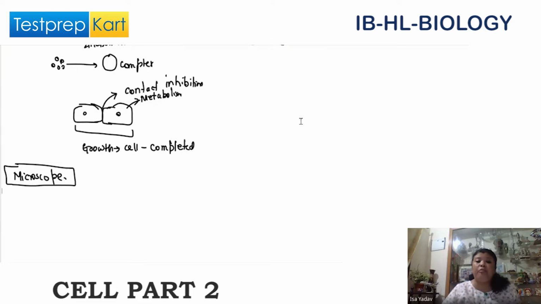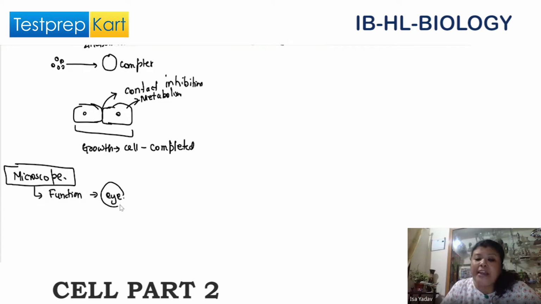We have different types of microscope: compound microscope, scanning electron microscope, inverted microscope, electron microscope. Different types of microscopes help us to see the image. Importantly, microscopes function similar to our eye.